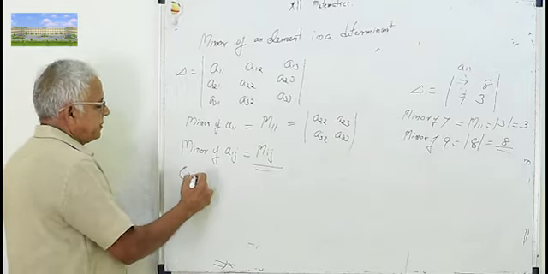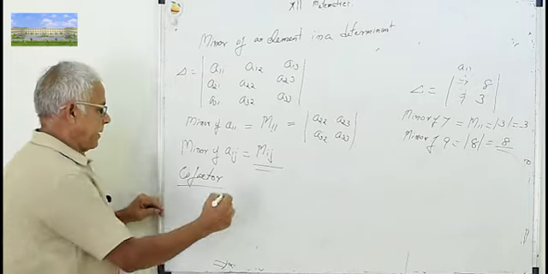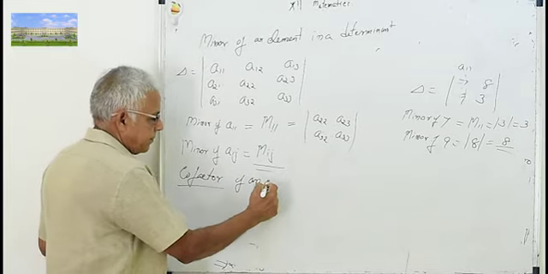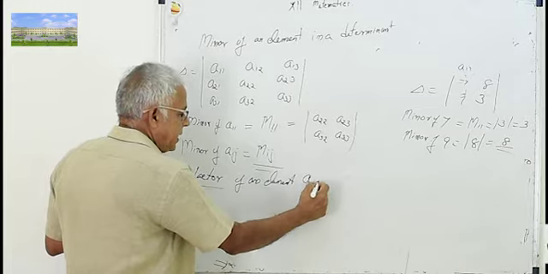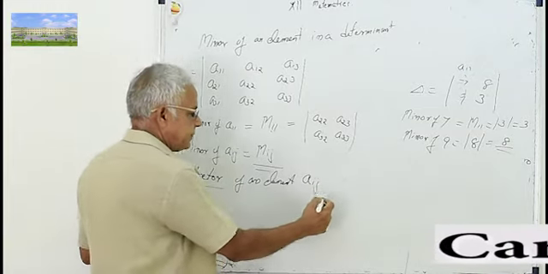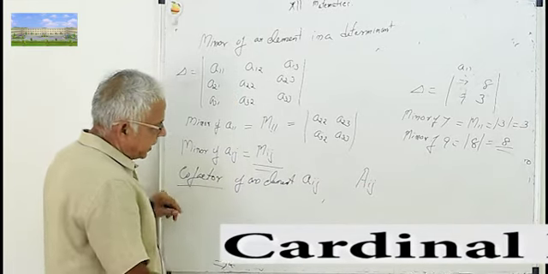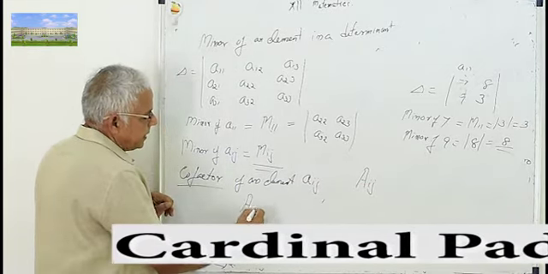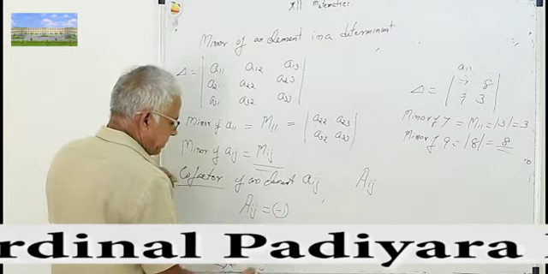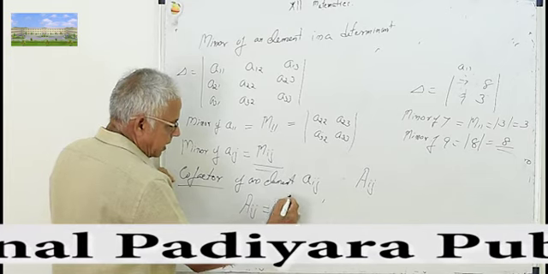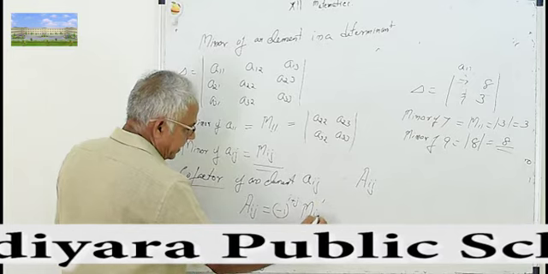Cofactor of an element is next. Cofactor of an element Aij is denoted by capital letter Aij and is defined by Aij is equal to signed minor, minus 1 raised to i plus j into Mij.